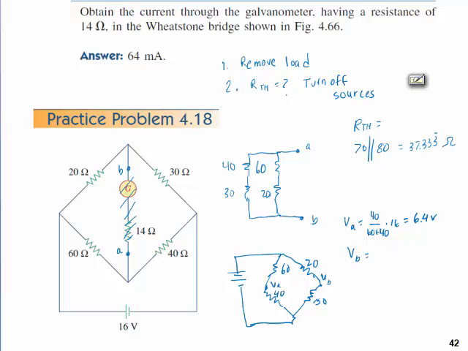And VB is 30 over 20 plus 30 times 16 volts. And I get VB is, yes, 9.6 volts.